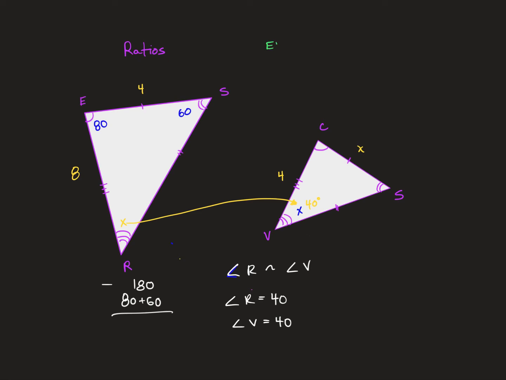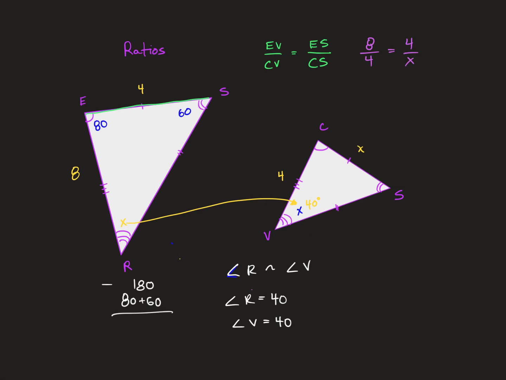We know EV over CV, 8 to 4, is proportionate to ES, just follow along, and CS. So if we fill in that proportion, 8 over 4 is equal to 4 over x.